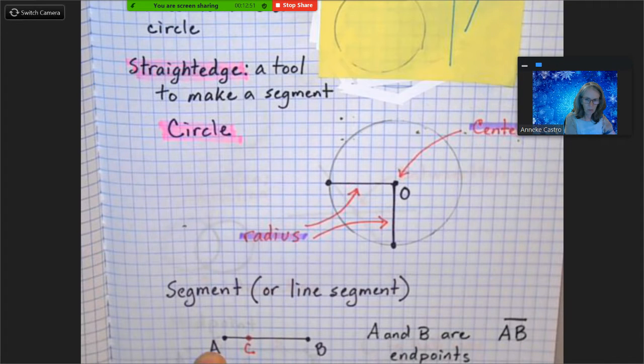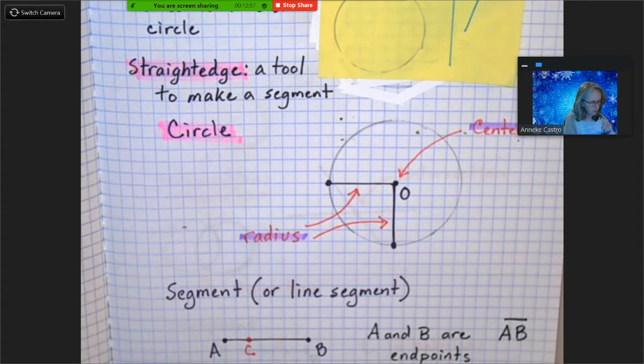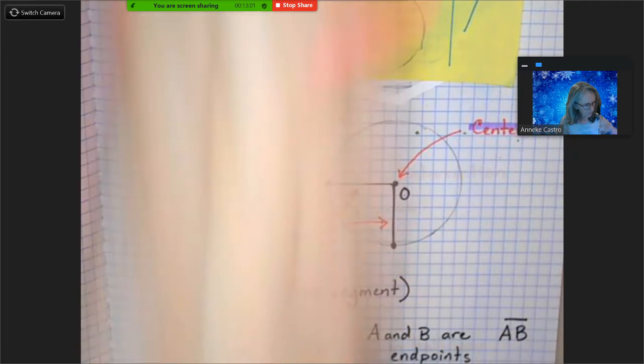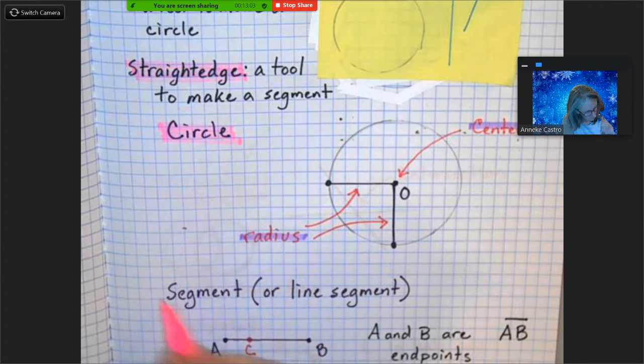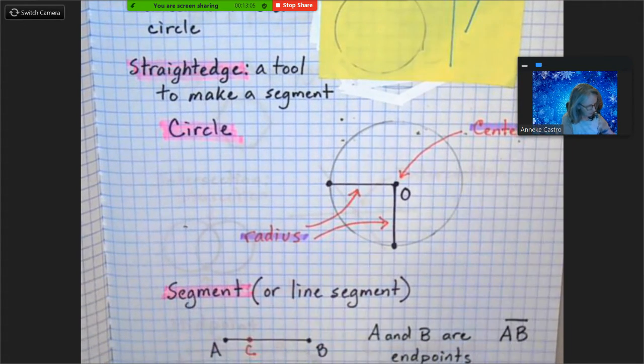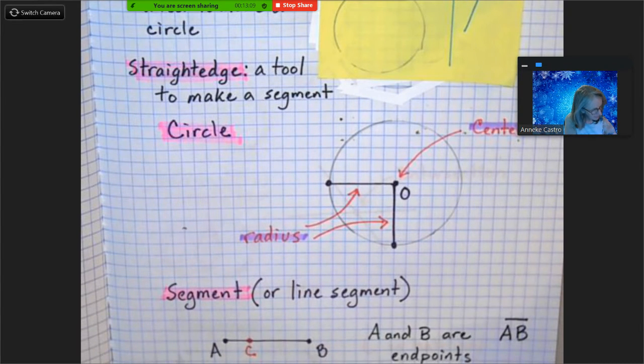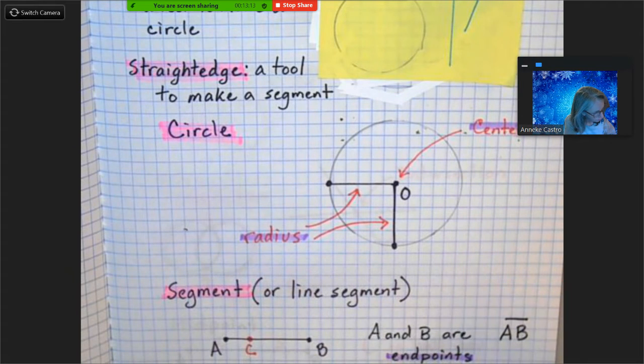So A is a point, B is a point, and they're at the ends. They are the endpoints. So this is a segment. An important word for a segment is that it has endpoints. A segment has two endpoints.